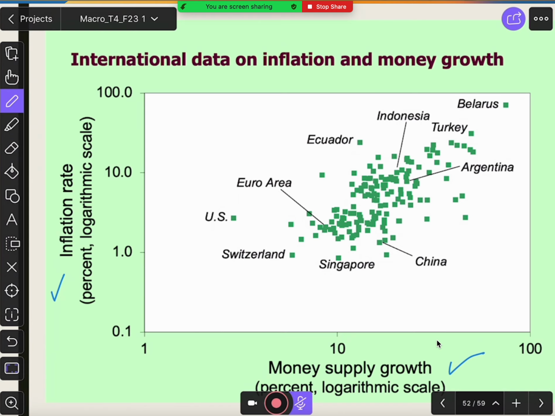If you're taking an econometrics course, or just plotting this in Excel, you can try to fit a line that passes through most of these points, and just by looking by eye, you think this line is most likely going to be somewhere like this, a positive relationship between the growth of money supply and inflation.